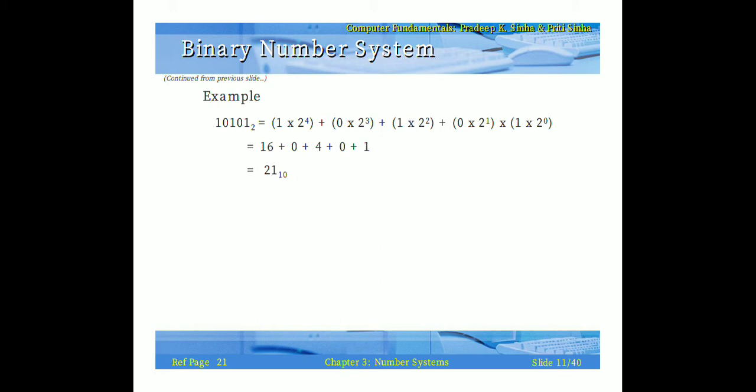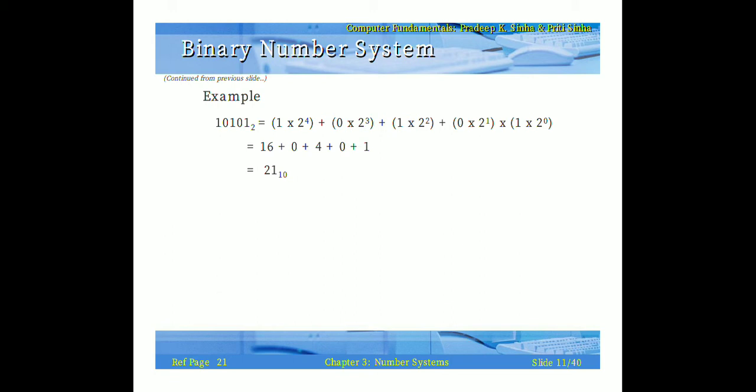So 2 raised to 0 is 1, so 1 into 1 is 1, and 2 raised to 1 is 2, but into 0 is 0. 2 raised to 2 is 4, 4 into 1 is 4, and 2 raised to 3 is 8, but 0 into 8 is 0, and 2 raised to 4 is 16, into 1 is 16.